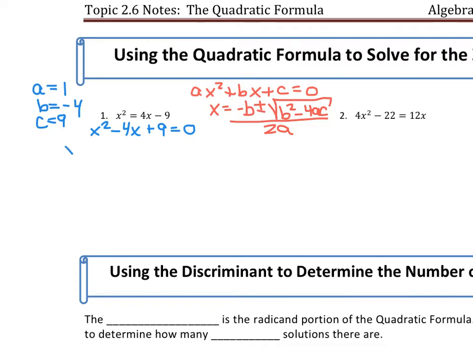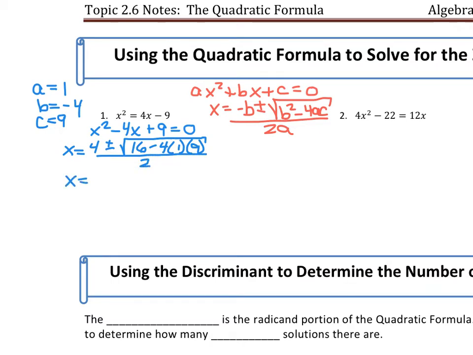So x equals the opposite of b. The opposite of -4 is +4, plus or minus the square root of b squared, so that becomes 16, minus 4a, that's a 1, times c is 9, all over 2 times a, which is 2 times 1, or just 2.